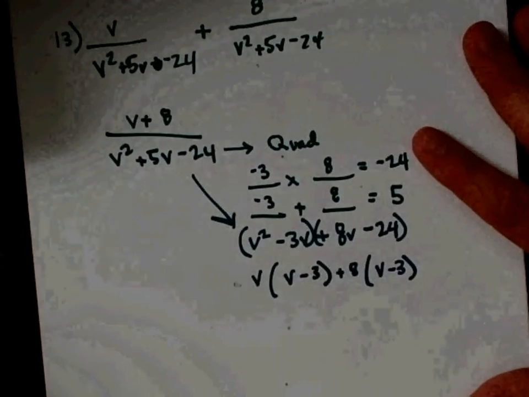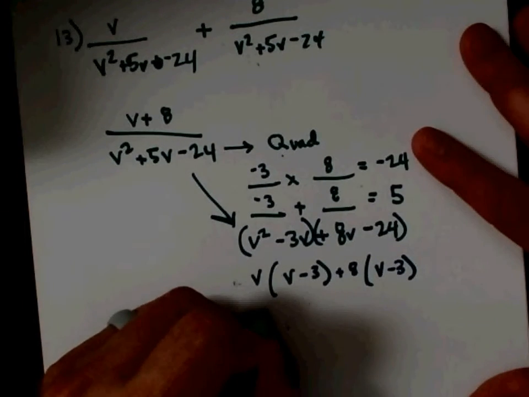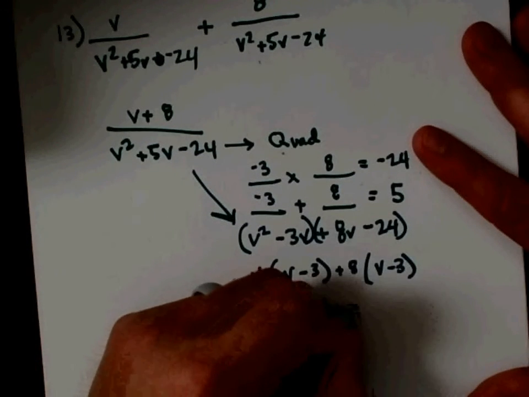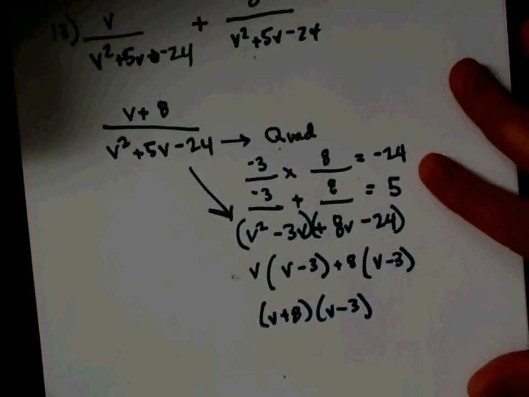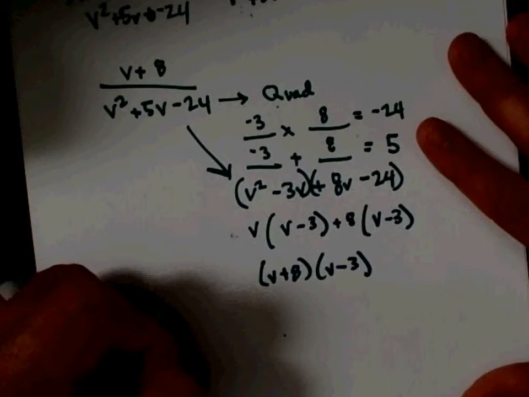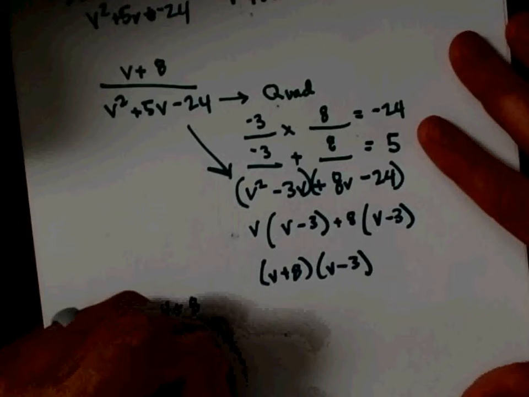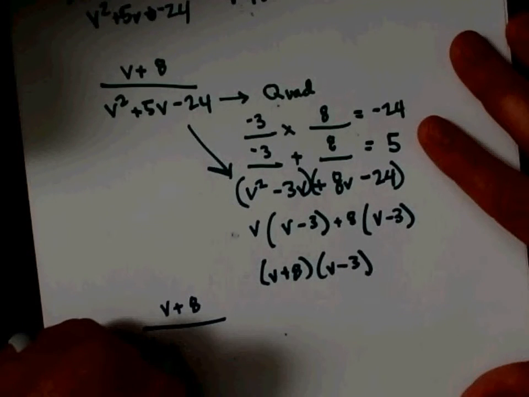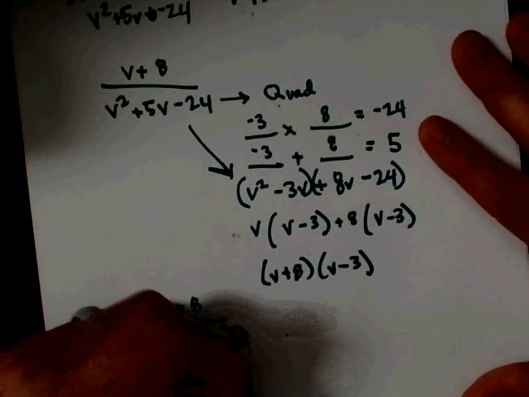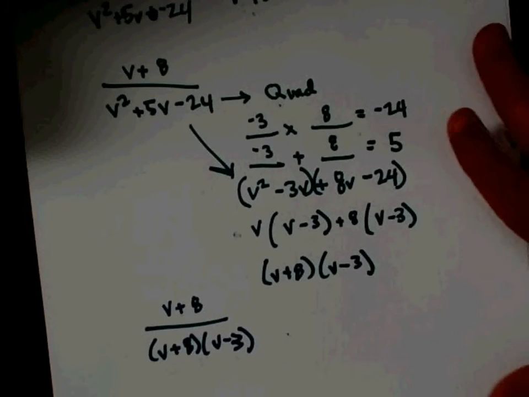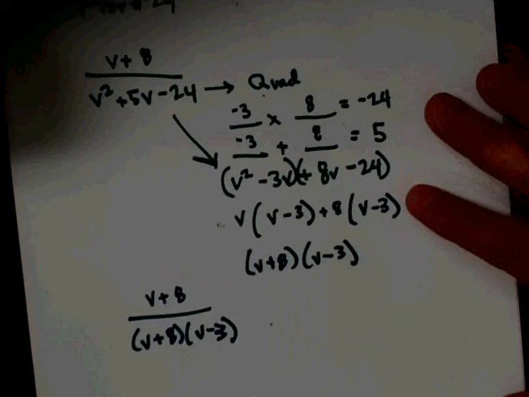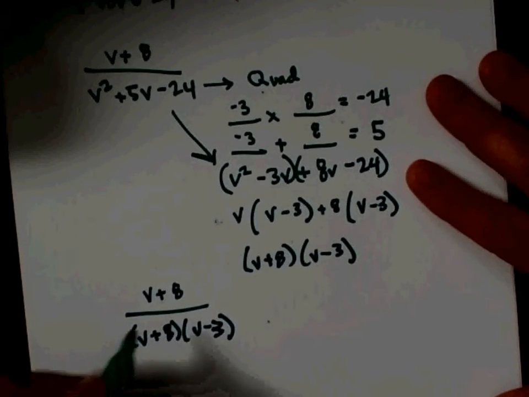So what are my factors? You see what's happening here? So I bring down my original, v plus 8 over v plus 8 times v minus 3, and I can simplify. What's the simplified version? 1 over v minus 3.